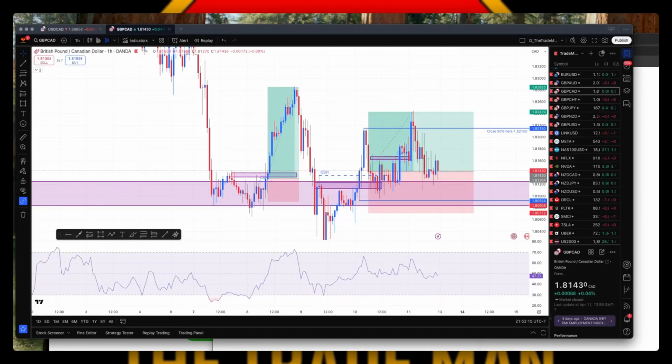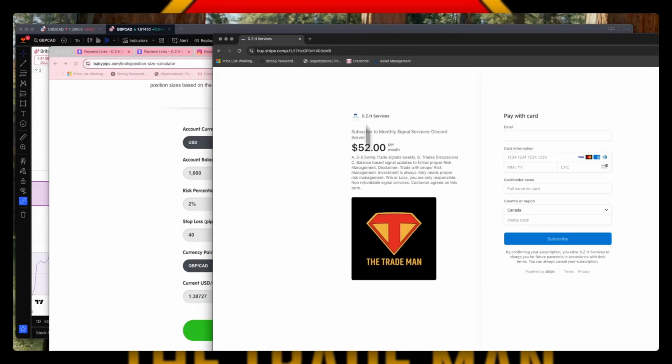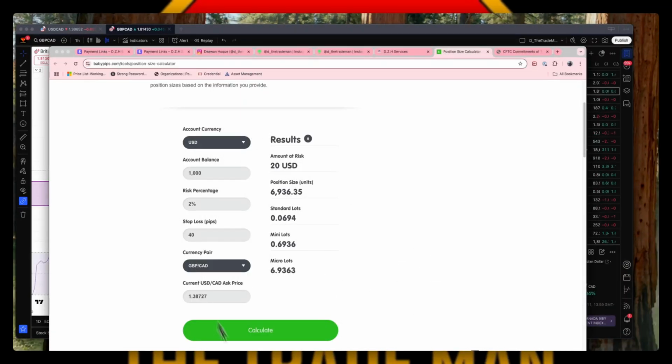Say it's a 40 pips stop loss, and 2% risking will be like 0.07 or 0.06 lots, and if you're risking 1%, then it's like 0.035. So this is how you calculate the risk.